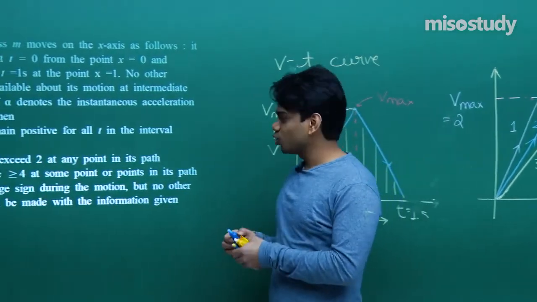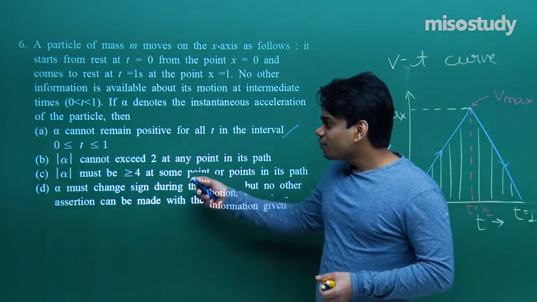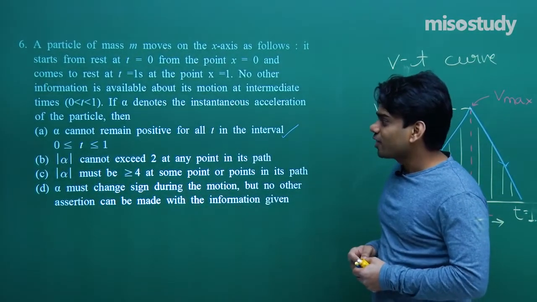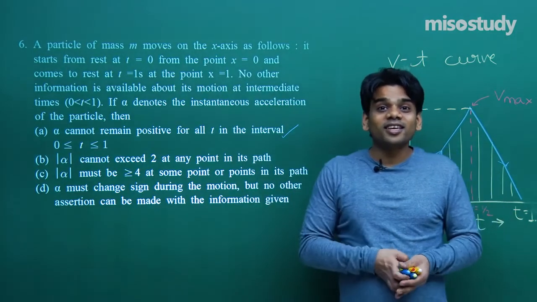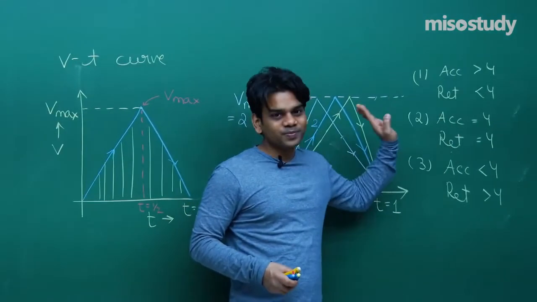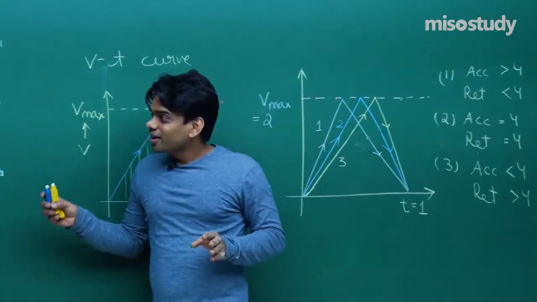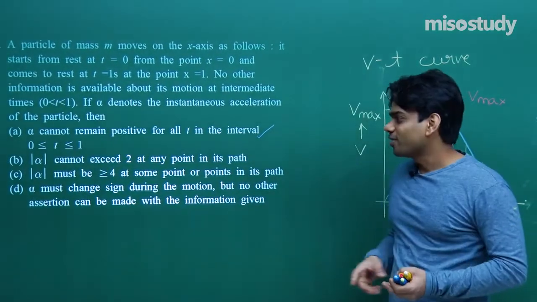Yes, option A is true. What about option B? Modulus alpha cannot exceed 2 at any point in its path. It is exceeding 2 because it has a value more than 4. So no, it can exceed. Option B is incorrect.